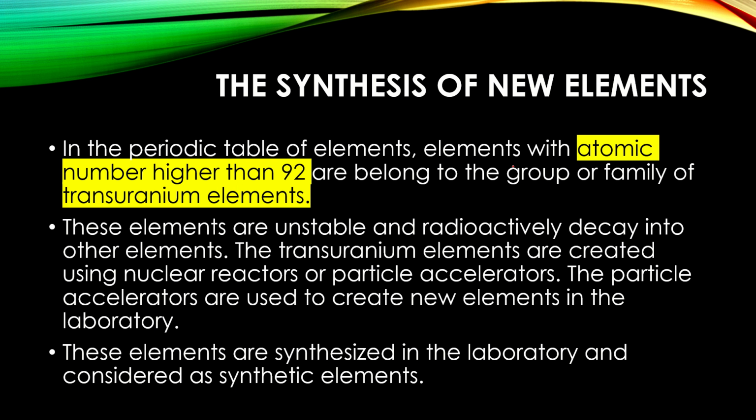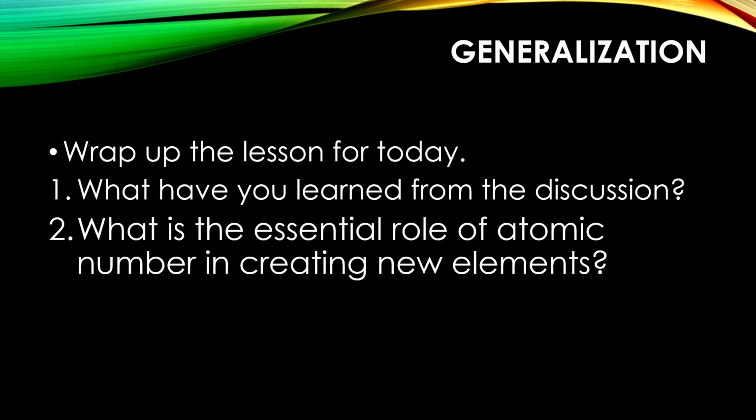The transuranium elements are created using nuclear reactors or particle accelerators. The particle accelerators are used to create new elements in the laboratory. These elements are synthesized in the laboratory and considered synthetic elements. So all the elements from 93 to 118 are considered synthetic elements.